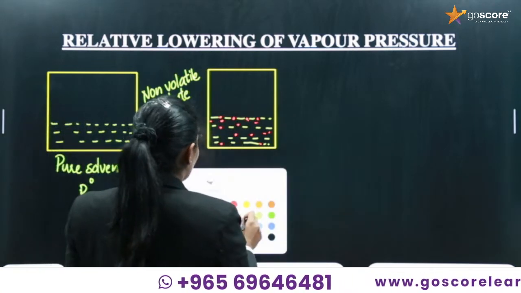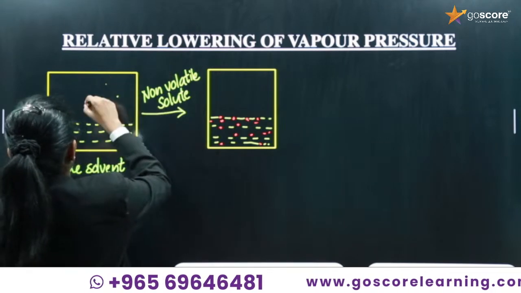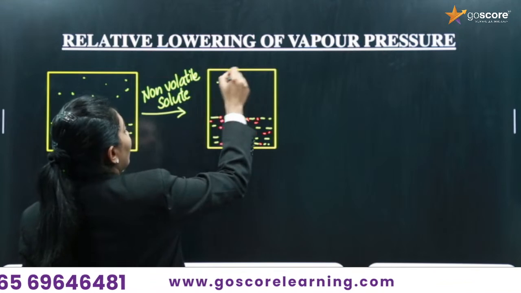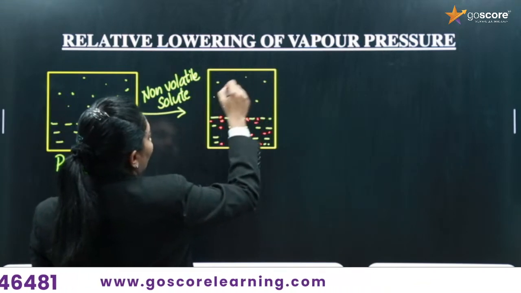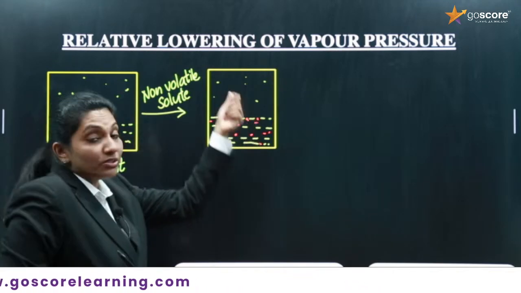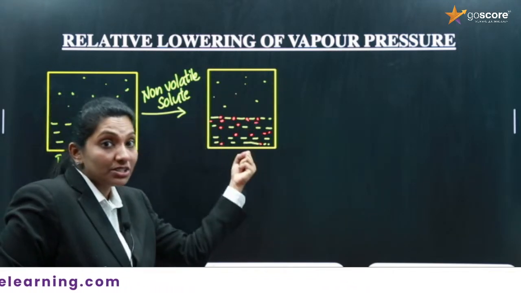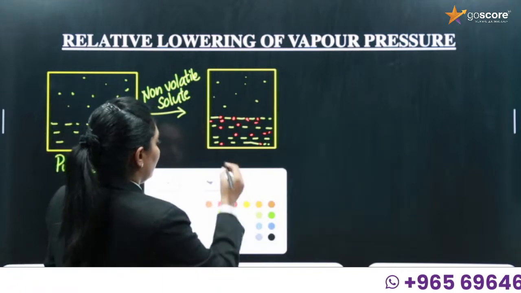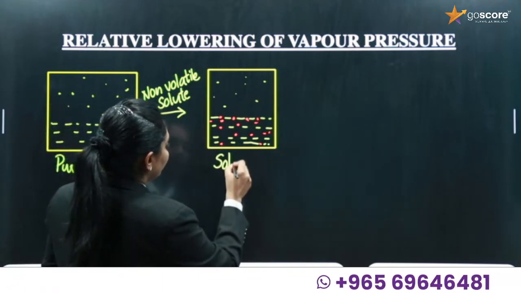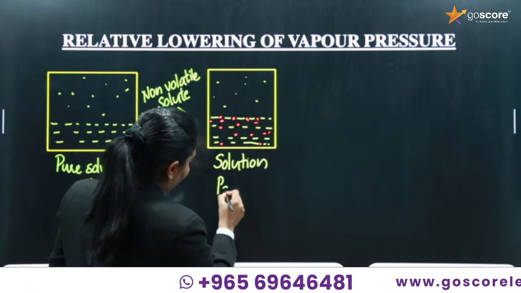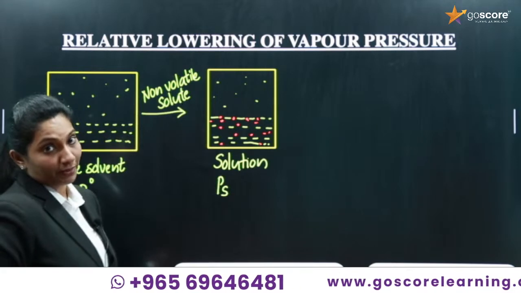So the vapors produced here will be less than those of the pure solvent, because the added non-volatile solute hinders the formation of vapors. We denote the vapor pressure of the solution as PS.